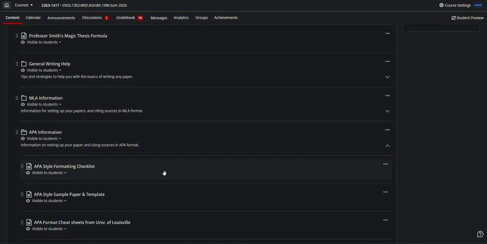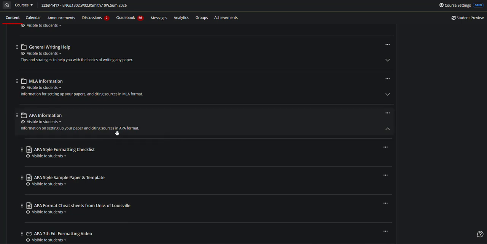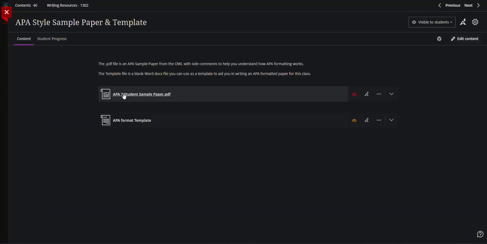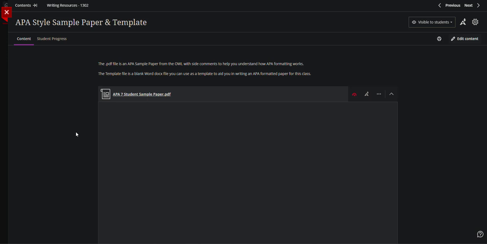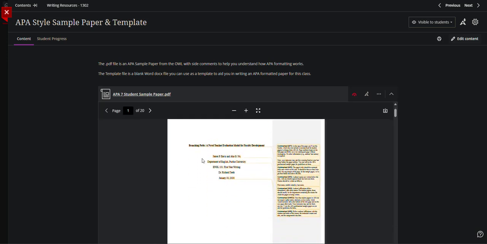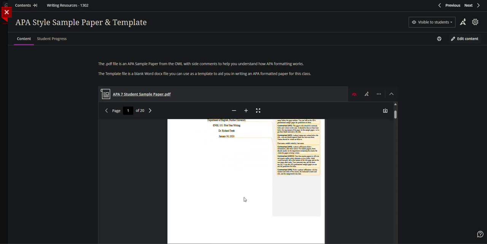And hopefully some of you took advantage of the fact that I had the MLA template for you to use. I have the same here in the APA. It's under here under sample paper and template. Now there's two different ones here. First one is a sample paper that will show you the different parts of APA and why we do them.